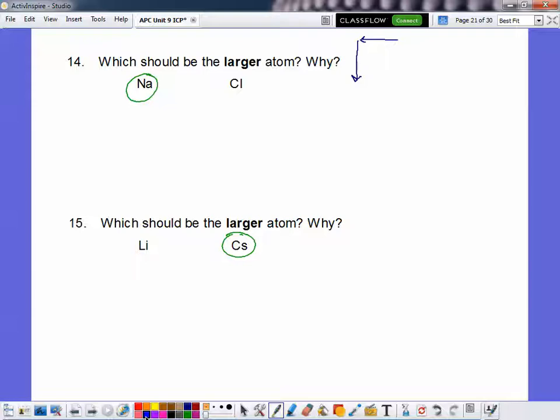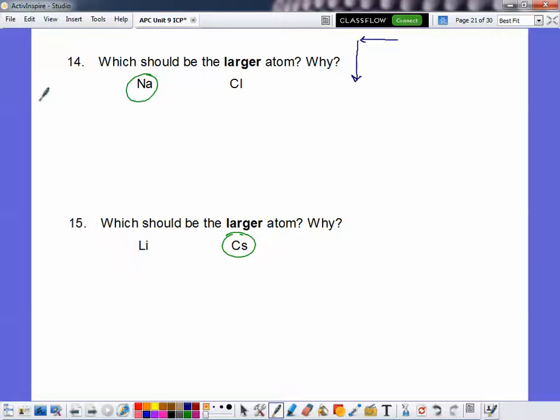For the why, notice how sodium and chlorine, they're in the same period. So the reason why sodium is bigger than chlorine is going to be explained with the horizontal trend, okay?